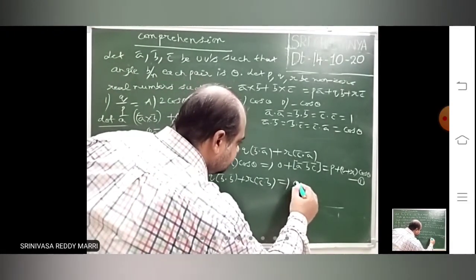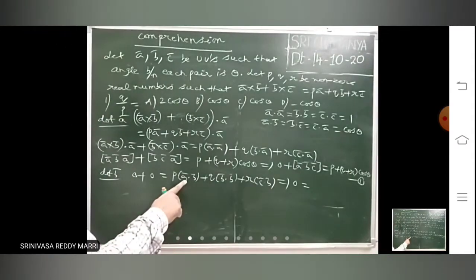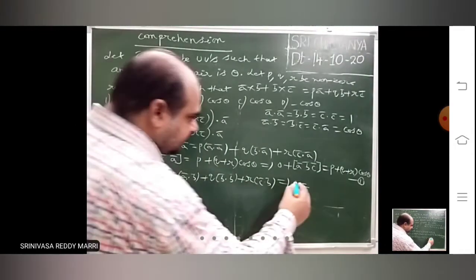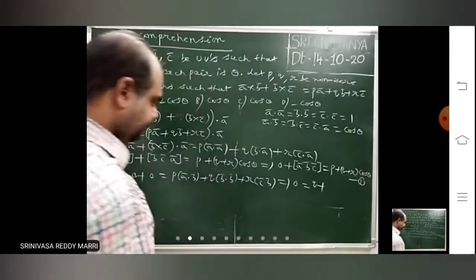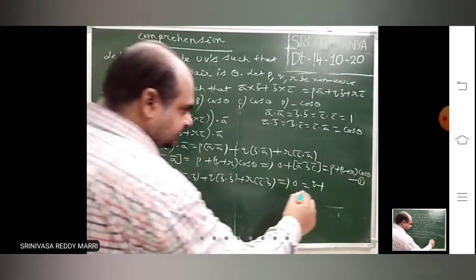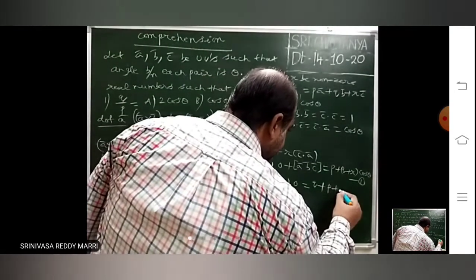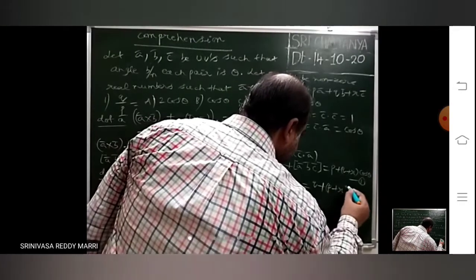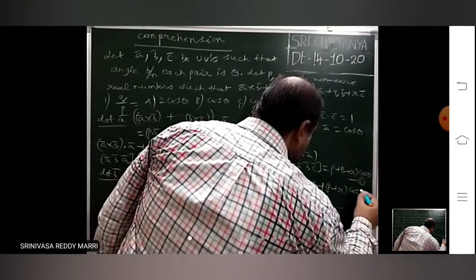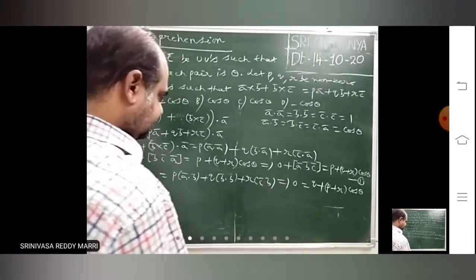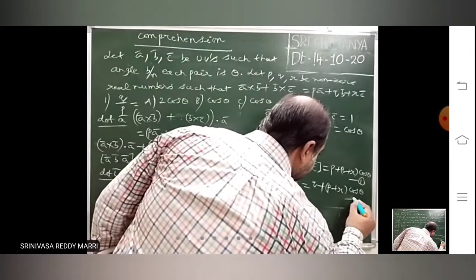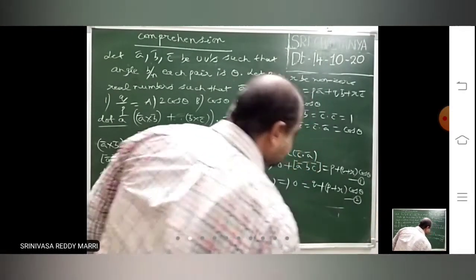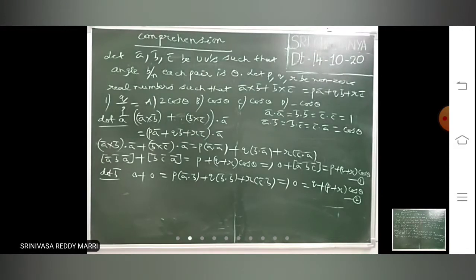What you will get: 0 equals Q plus, from these two, take cos theta common, P plus R cos theta. That means this is the second equation.